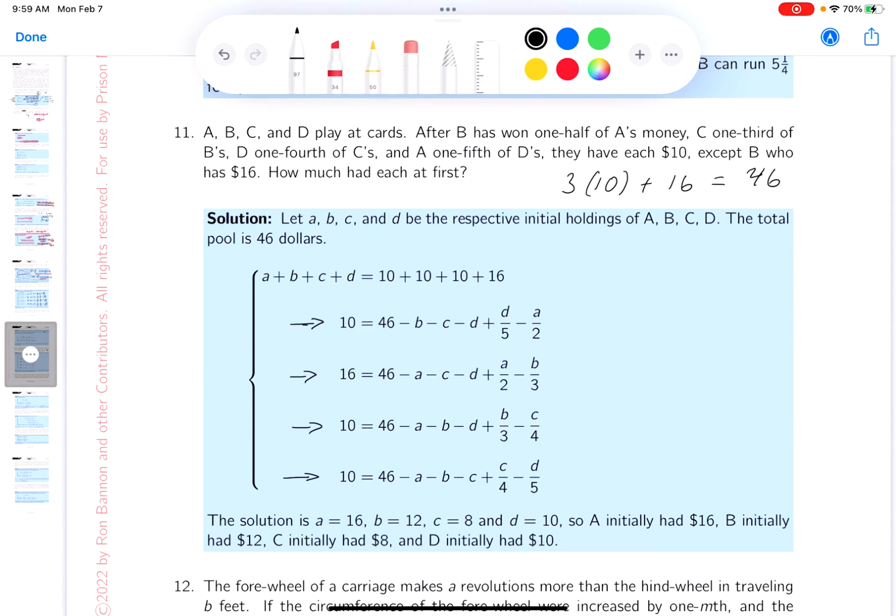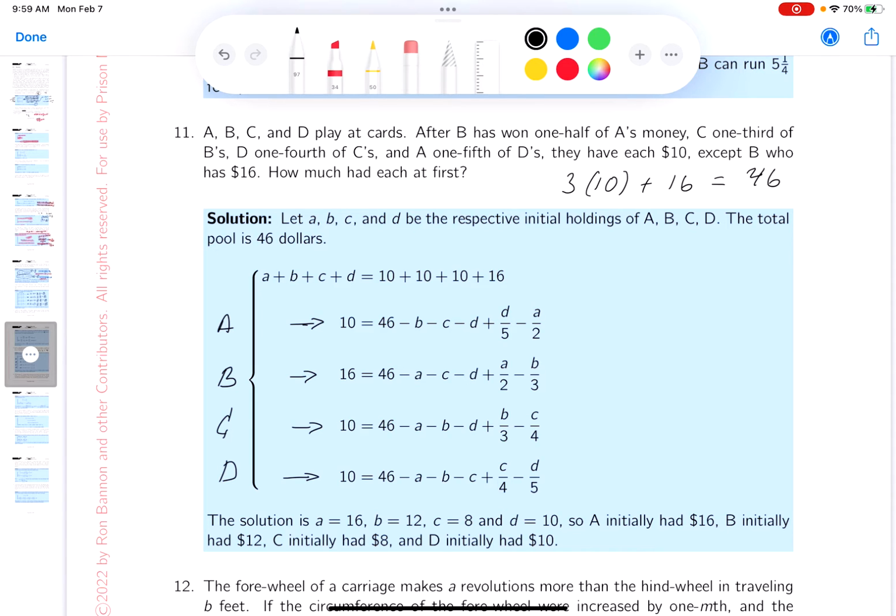Who's got $16? B's got $16. So that's B's holding. B has $16, and the other people have $10. So this is A, this is C, and this is D.